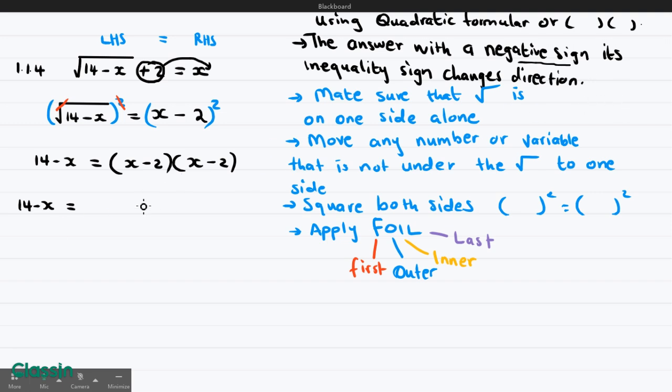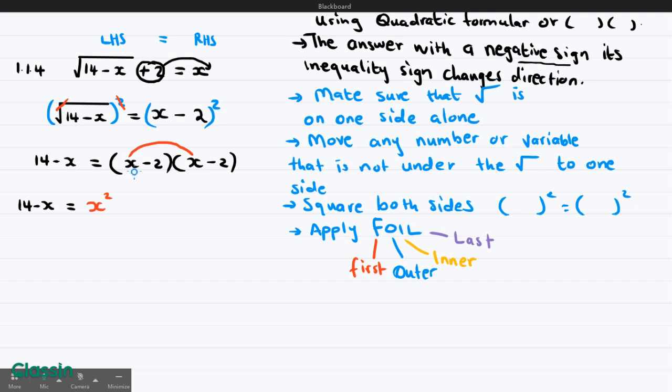Now from there, sorry, not this. Now let's look at this. First thing, first, these are the first, then x multiplied by x is x squared. Then from there, we have inner.